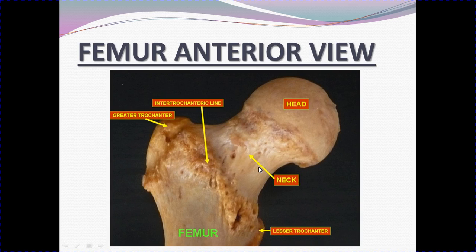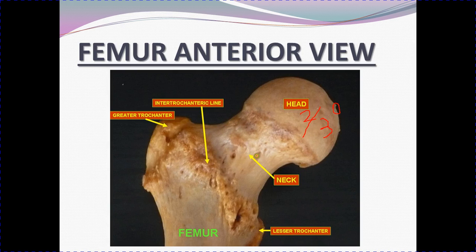This is an image of the upper end in which you can clearly see the features. This is the anterior view of the femur. This is the head of the femur, which forms about 2/3 of a sphere. The head is articulating with the acetabulum to form the hip joint. The head has a small depression called the fovea capitis, to which the ligament of the head of the femur is attached.